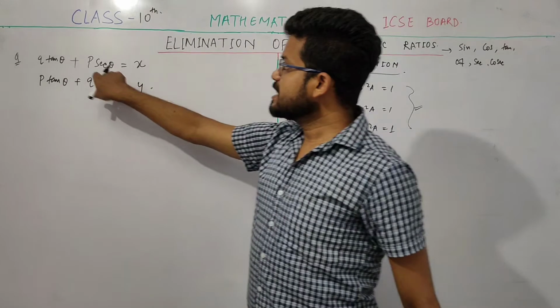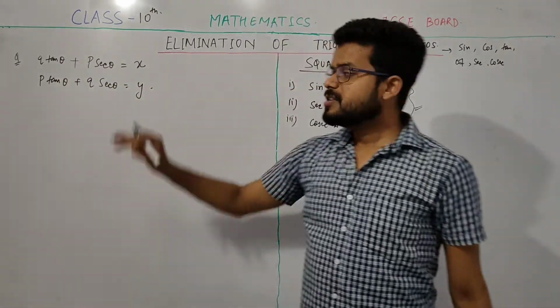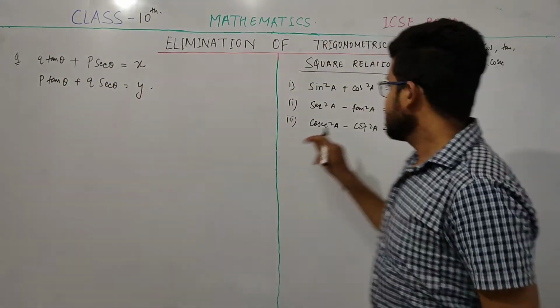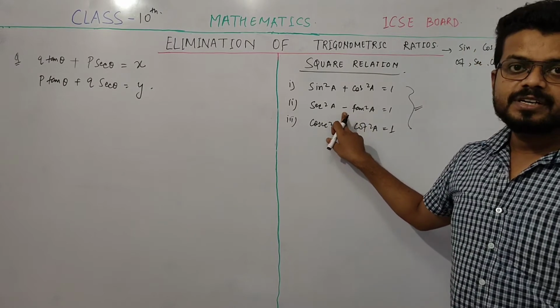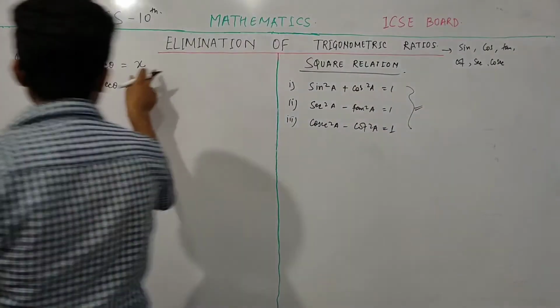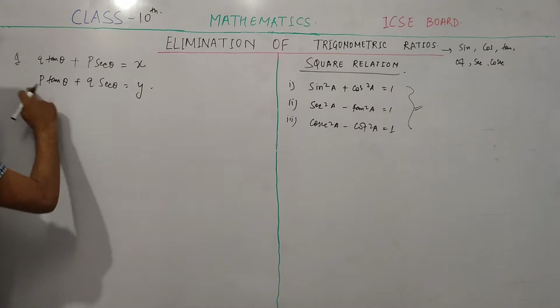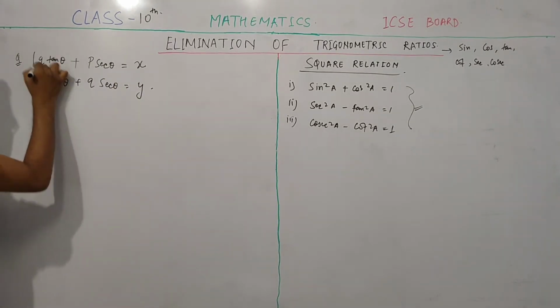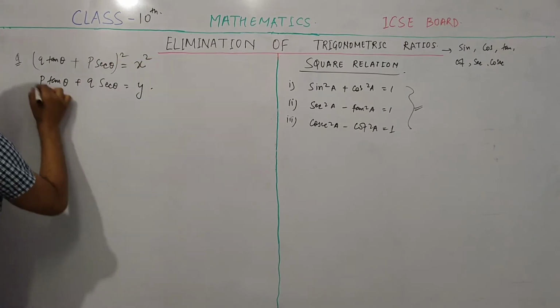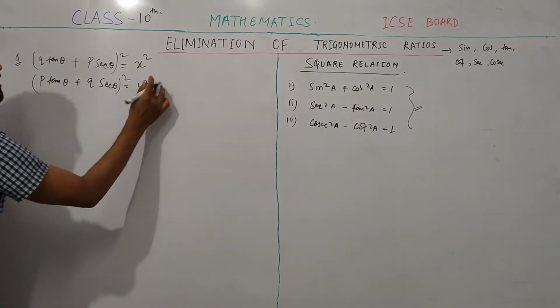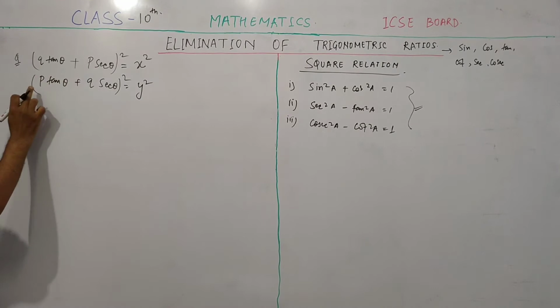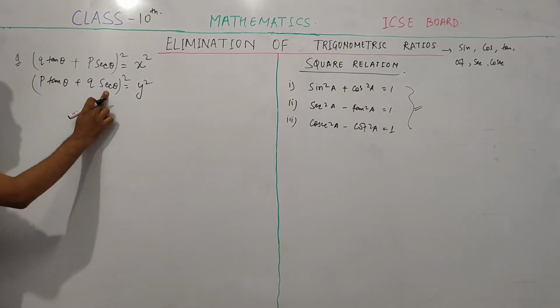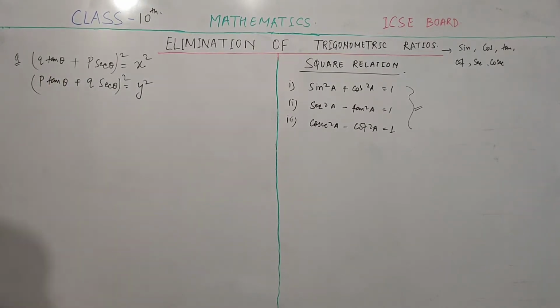So here this is sec and this is tan, simply we square both the relations and then subtract both the equations. Okay, so firstly I take the square, taking the square on both sides in both equations. After taking the square, this is a plus b whole square, both the terms are plus.